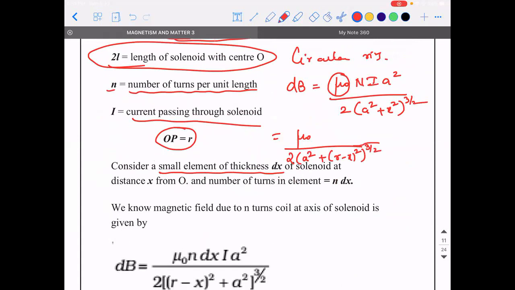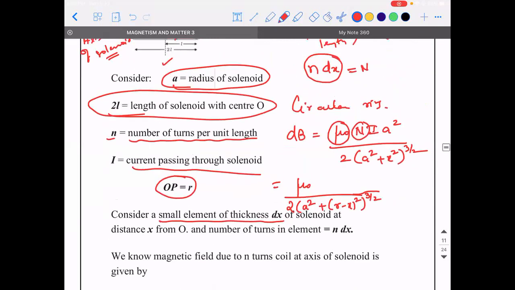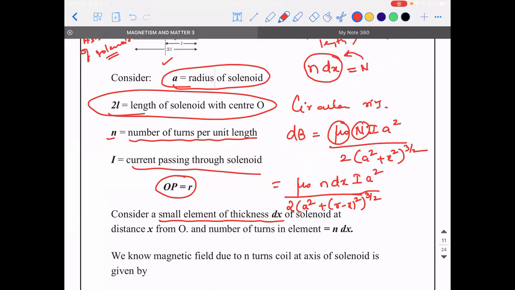Okay. In the place of capital N, what can I write? Can I write it as small n into dx? I is I only, A is A only.